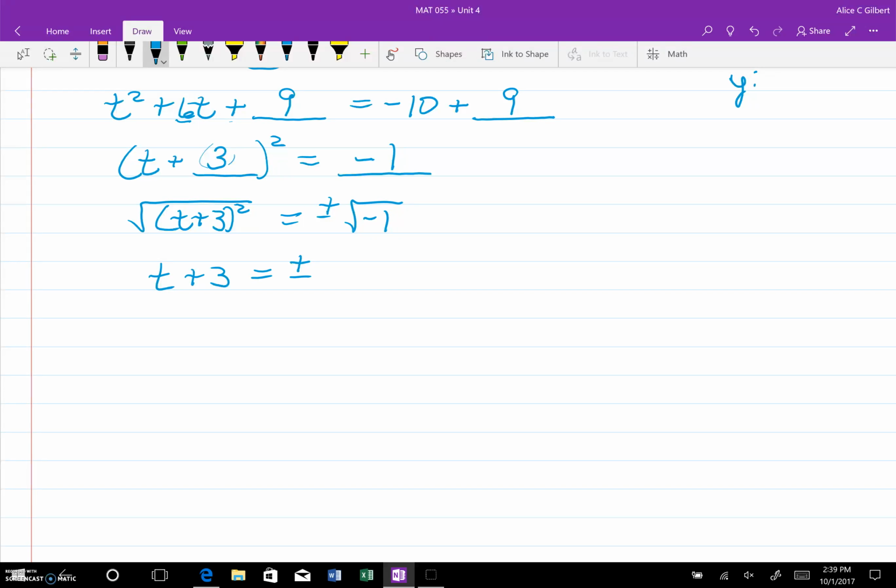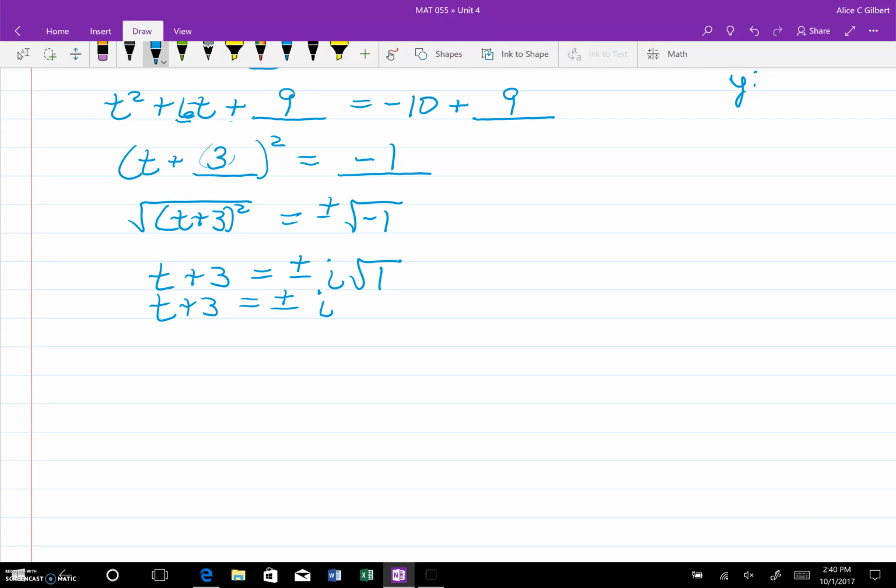This is an even index. It's a 2 with a negative underneath. So I take that out, it becomes i, right? So then I have t plus 3 equals plus or minus, and the square root of 1 is 1, and 1 times i is i.